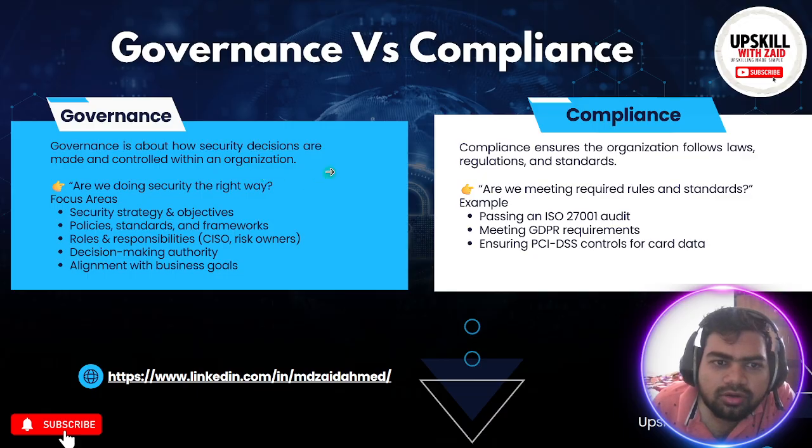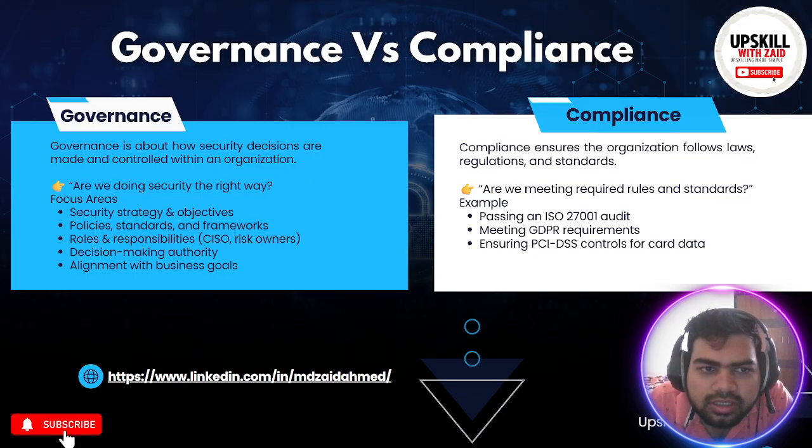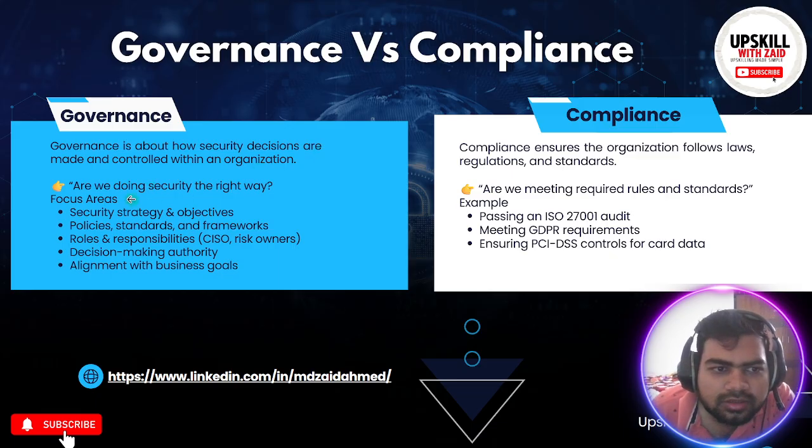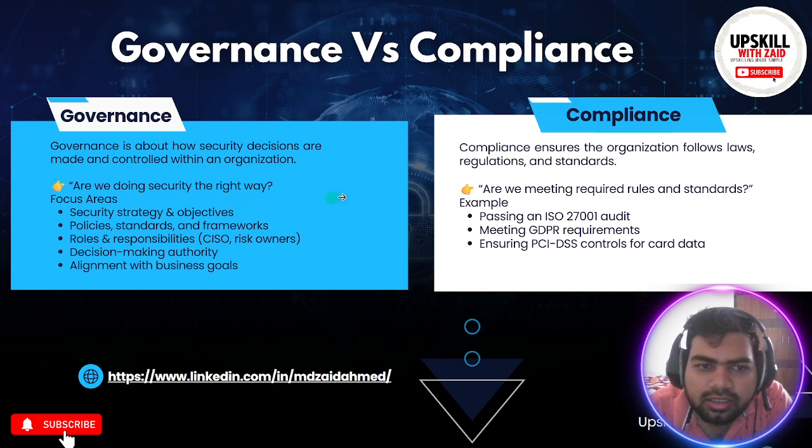Suppose you are working in an organization: what are the controls that are made so that your building or your company is compliant with the security controls, and you are governing that particular thing. You can understand this by asking a simple question: are we doing security the right way? The right way in which it needs to be done, are we doing it that way?